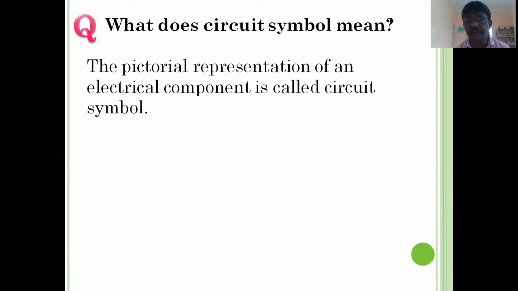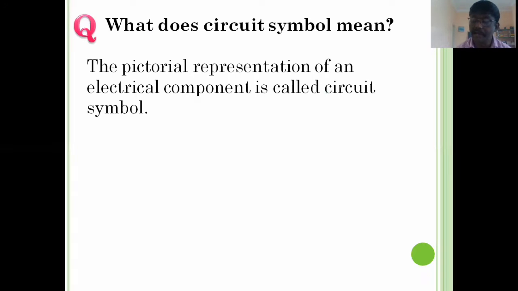Electrical symbols are required to do the electrical drawing, and without the help of electrical symbols, we won't be able to do the electrical drawing. Electrical circuits are represented by electrical drawing.